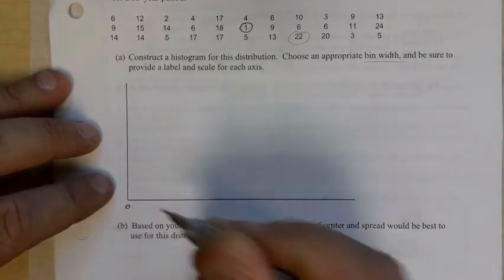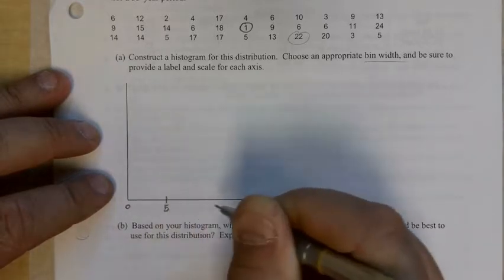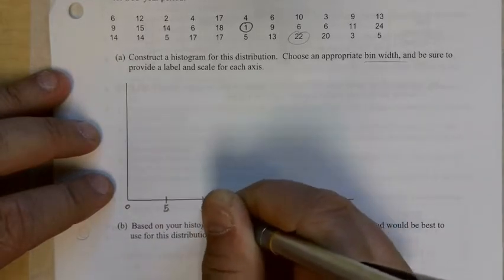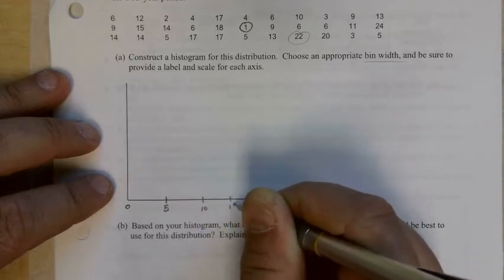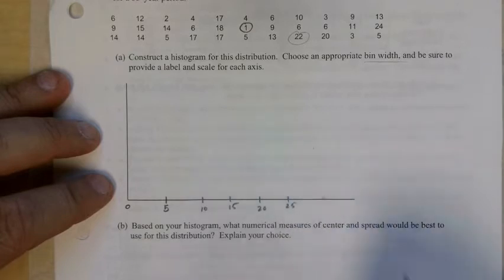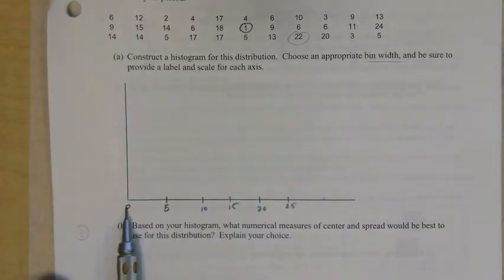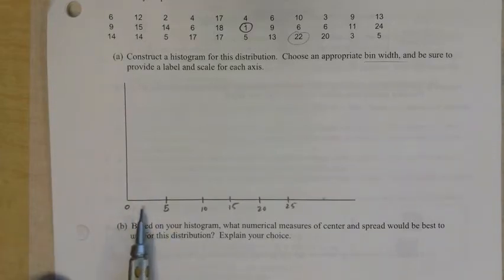So I'm actually going to go 0, and you know what? I'm going to go 5, 10, 15, 20, and 25. Now, when you make these, remember, you're going to either include the bottom or include the top, but not both. So this would either be like 0, 1, 2, 3, 4, 5, 6, 7, 8, 9, that kind of thing.